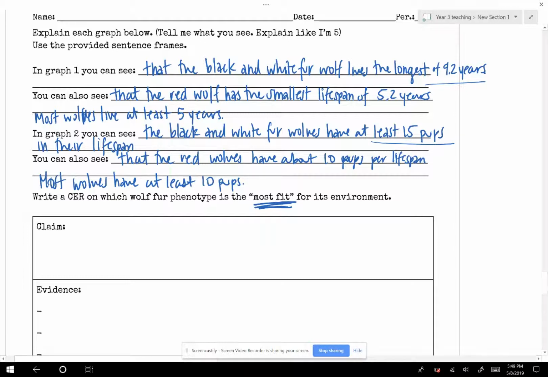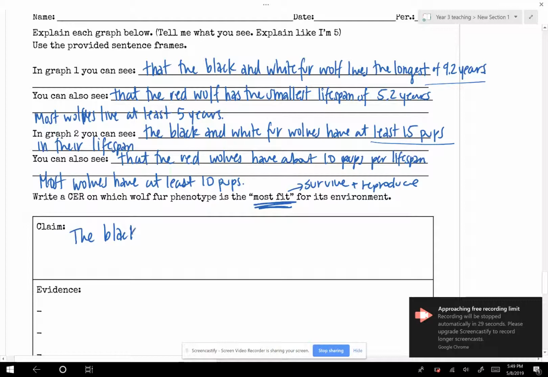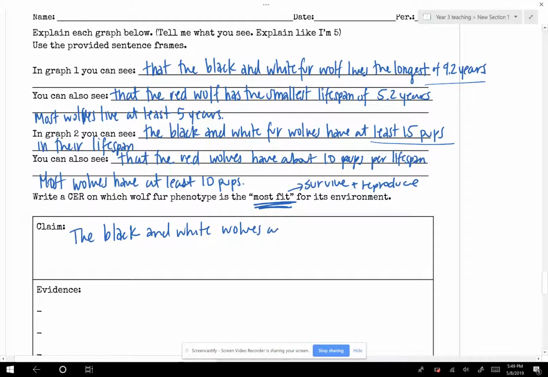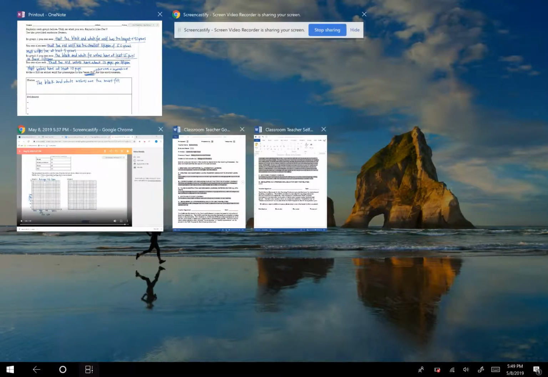So fit is survive plus reproduce. So we can say that the black and white wolves are the most fit, right? And then I will continue on with the next one in a sec.